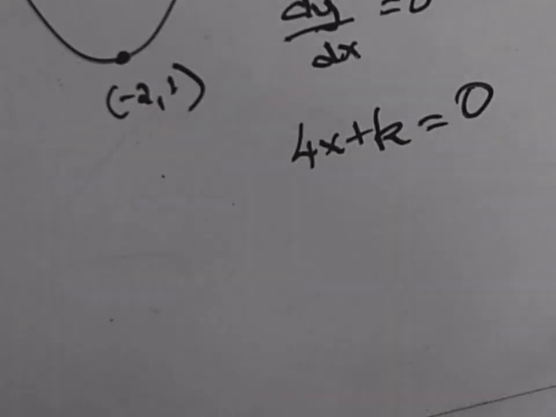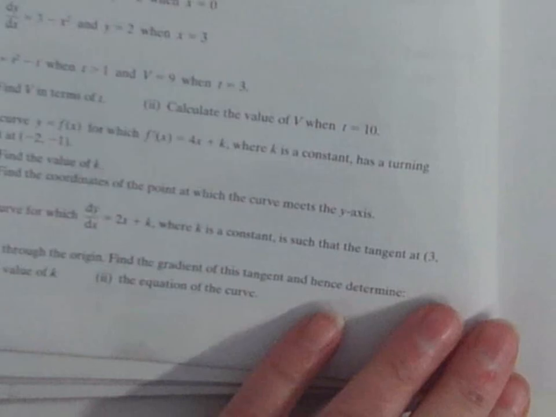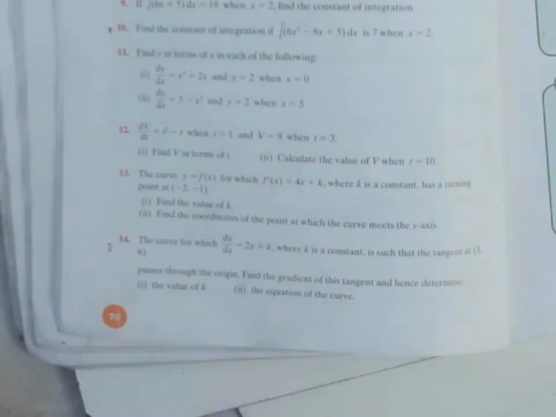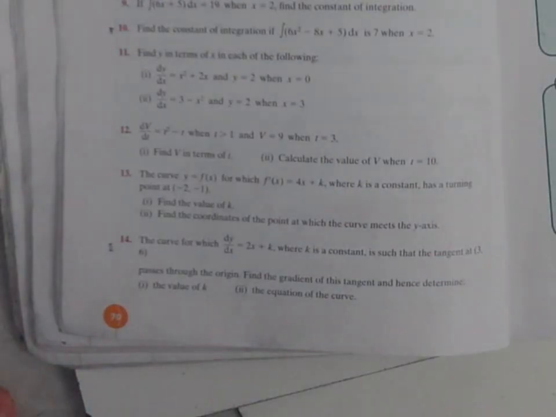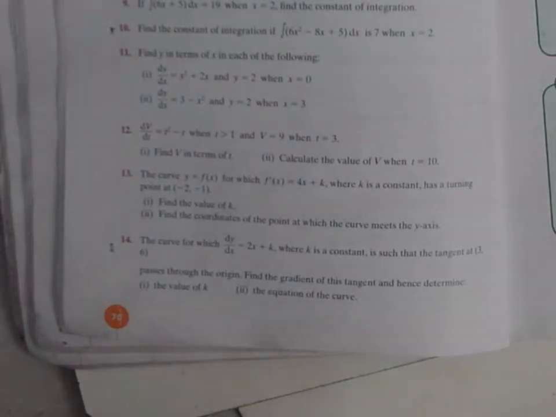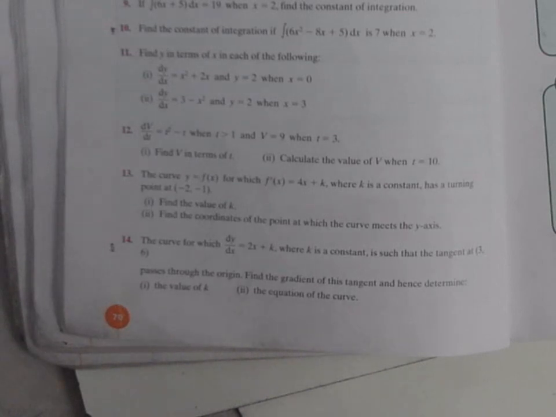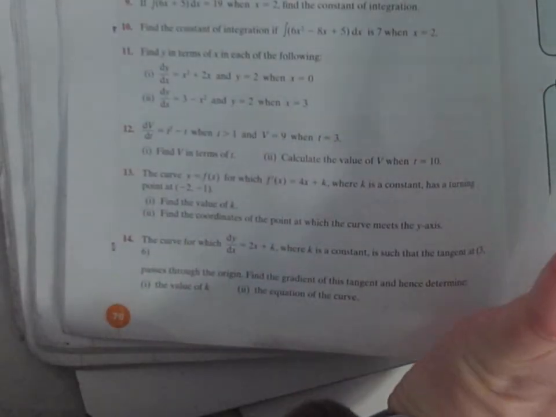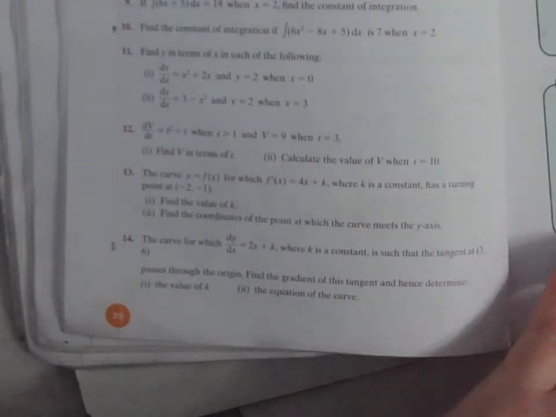Sorry, it was number, what did I say? 13. Right, 13. It's too big, is it? Is that alright? Can you read that? 13, here. Sorry.